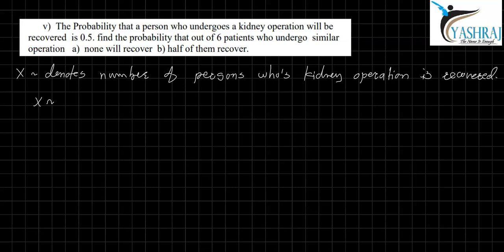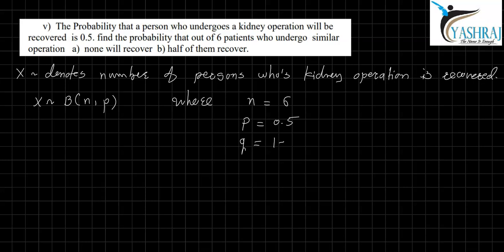So here x follows the binomial distribution with parameters n, p, where n is the number of operations. Six patients undergo the similar operation, so the number of trials is 6. The probability that the kidney operation will be recovered is 0.5, so the probability of success is 0.5.